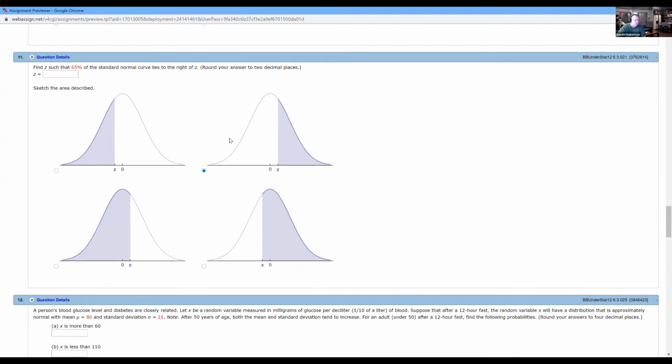Now, back to the 65% question: would that be an inverse norm with 0.65 in it, or an inverse norm with 0.35 in it? What would we use in that question, at least in the way I showed you today? 0.65 or 0.35 for these questions?